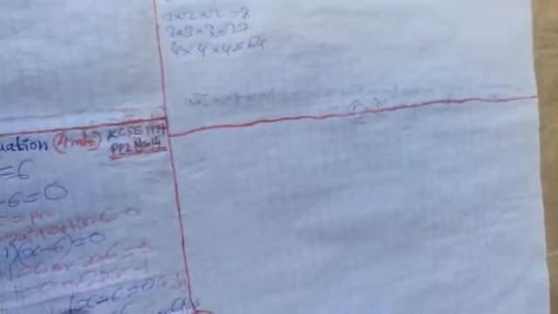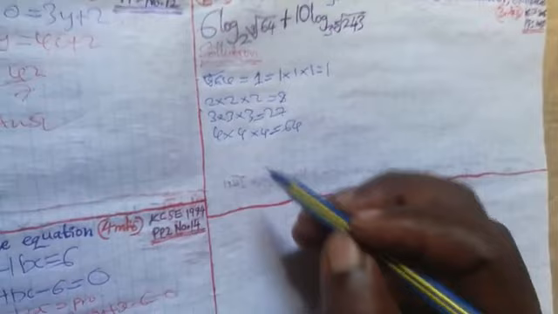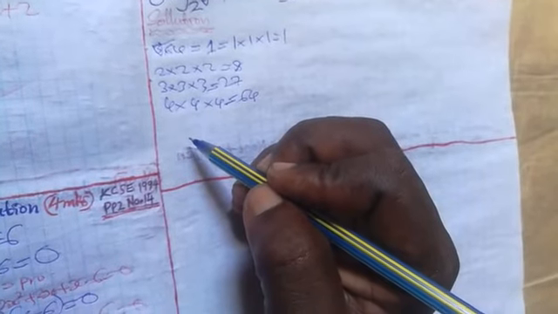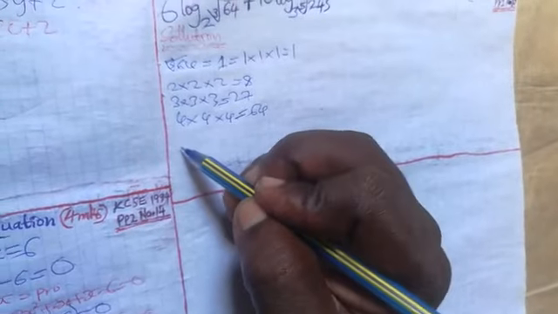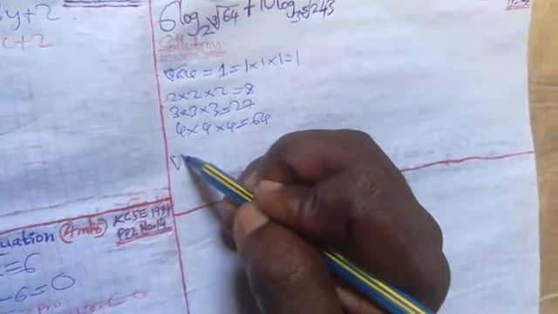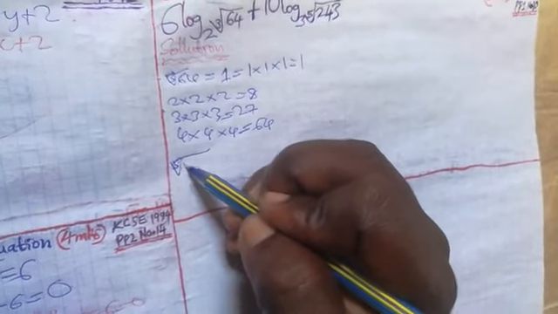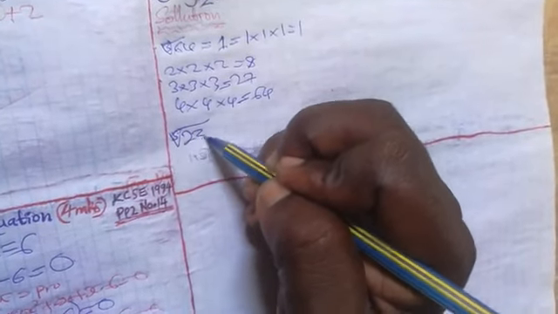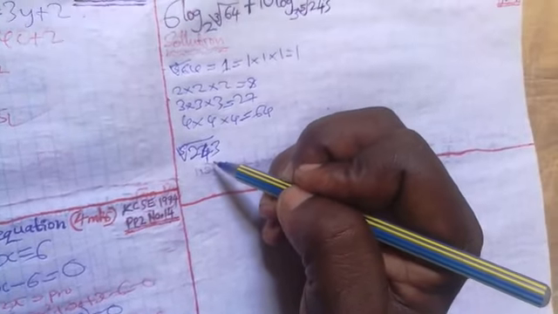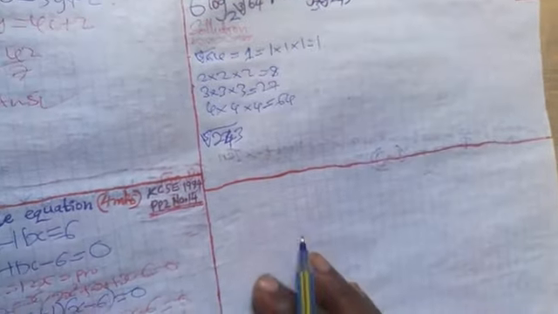For the case of the fifth root of 243, we still try numbers.